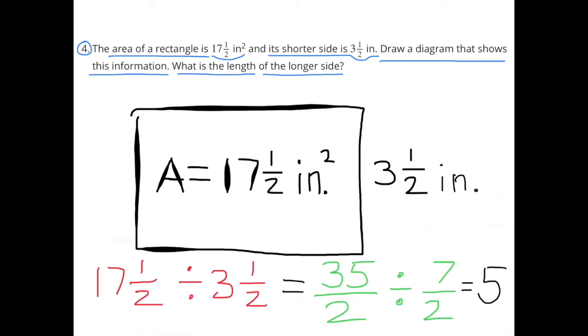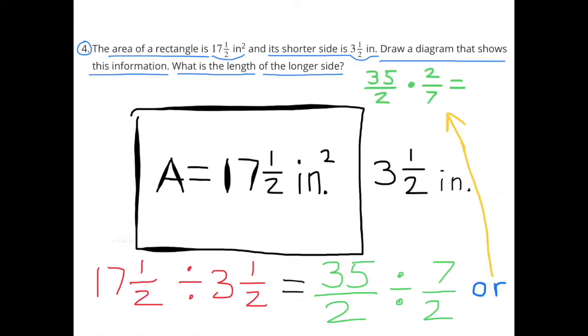That was easy to do because the common denominators were the same. Both fractions had a 2 at the bottom, so 35 divided by 7 is 5. Or we could have done 35 halves times 2 over 7, which is also equal to 5. The longer side length is 5 inches.